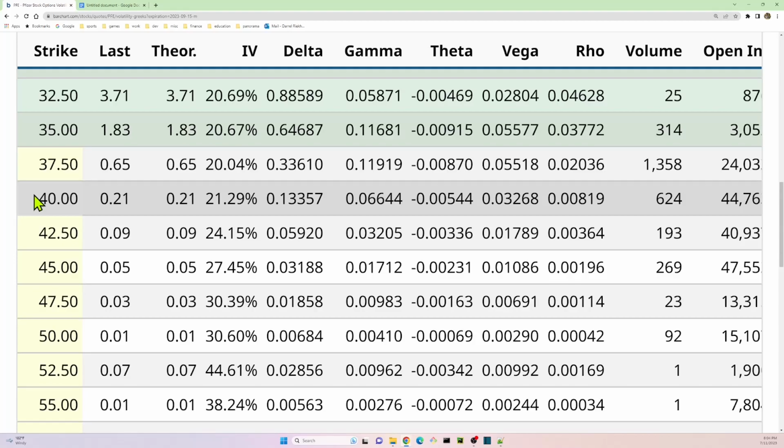Let's see what its delta is and see what it means for a $1 move in Pfizer stock. Looking it up on Barchart, we see it has a delta of about 0.13, and the price of the option is currently 0.21.